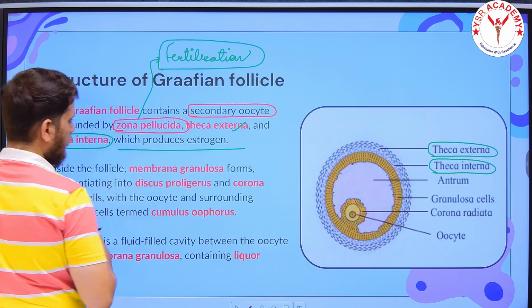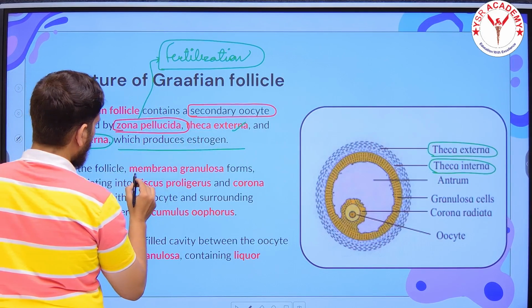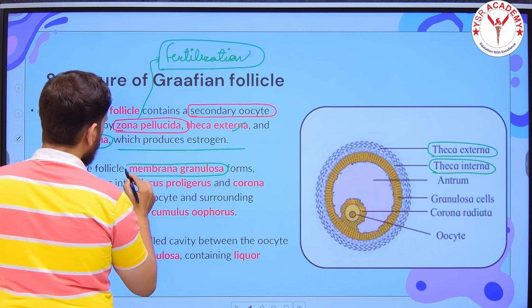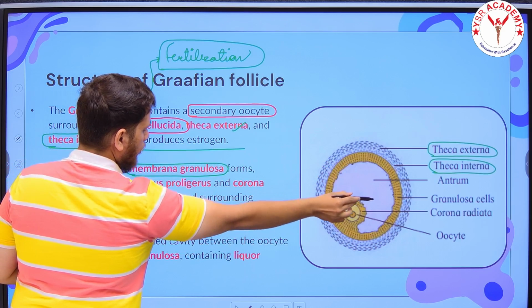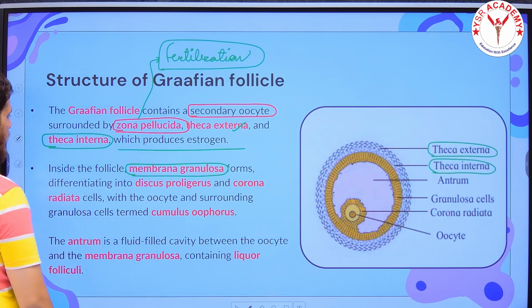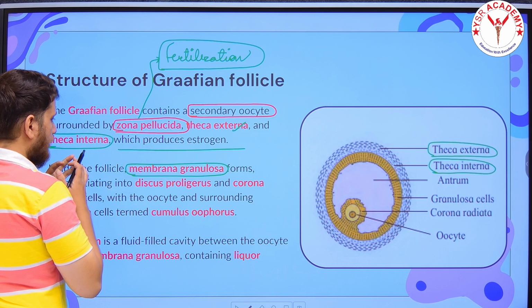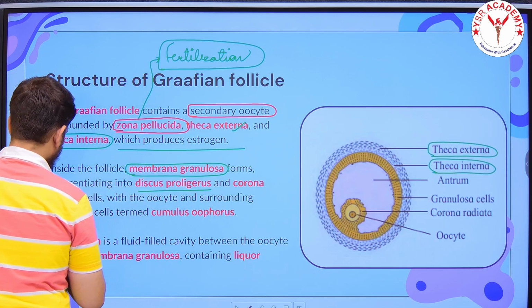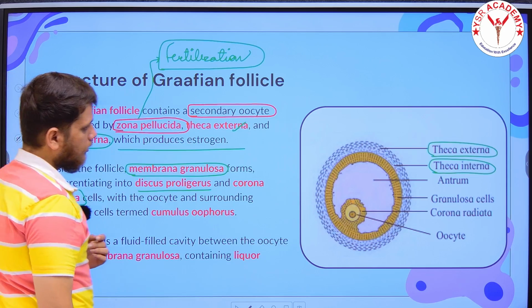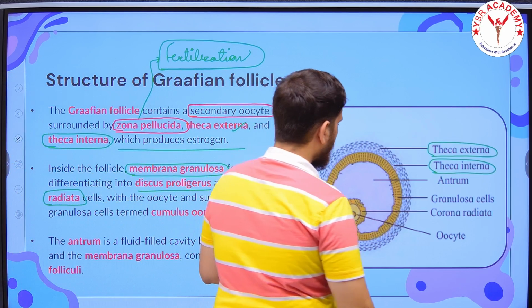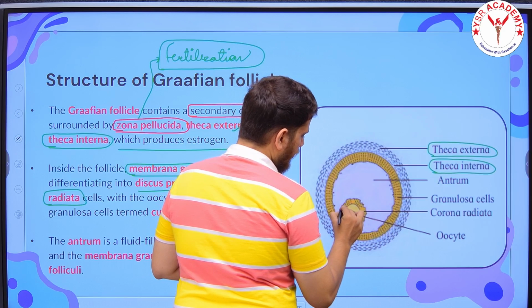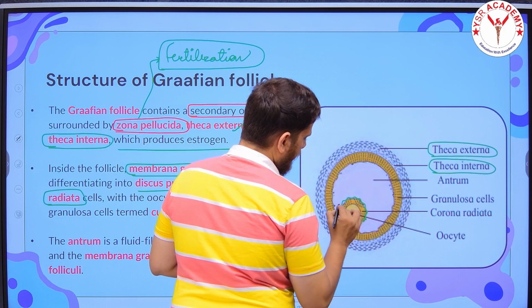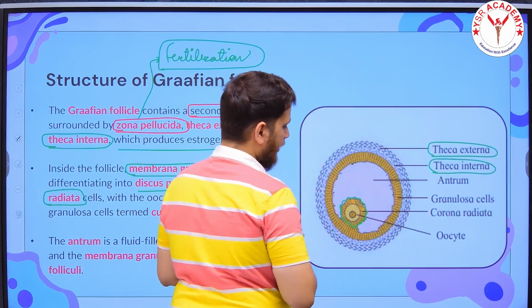Inside a follicle, when you go inside, you have membrana granulosa cells. These are all the yellowish cells that you see there. These membrana granulosa cells divide into two layers. One is called discus proligerus, and the second is called corona radiata. The surrounding layer of the secondary oocyte is your corona radiata.